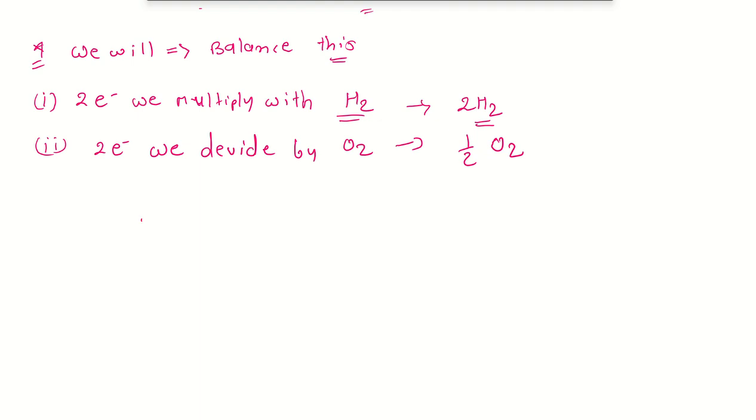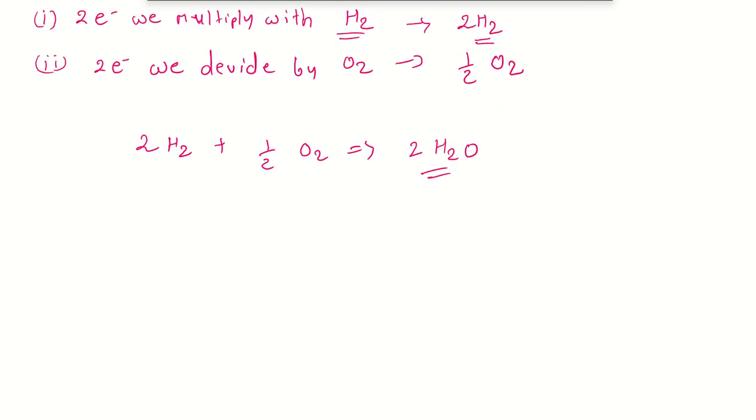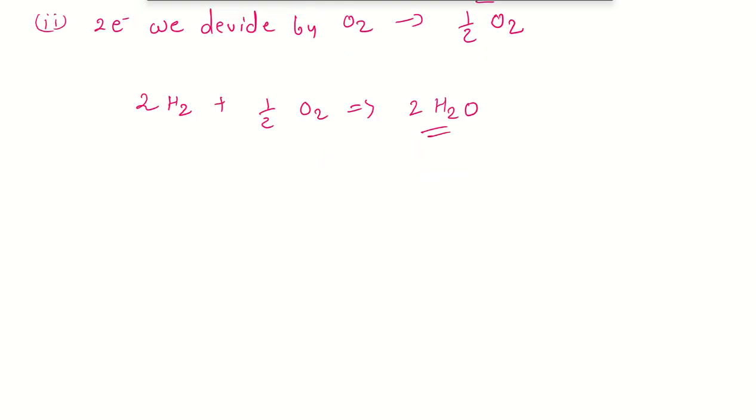So 2H2 plus one half O2 forms 2H2O. Is it clear? So we form water in the fourth complex. This is the fourth complex in the electron transport chain. We also have a fifth step, complex 5, but it is another thing. From this step we will produce ATP synthesis.